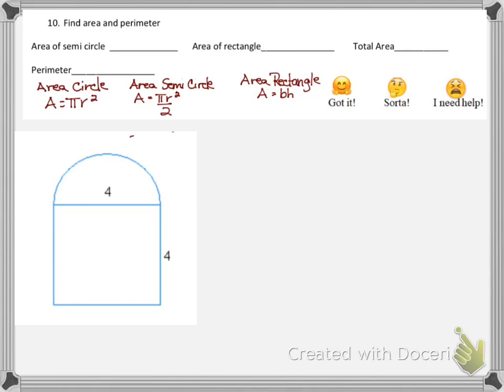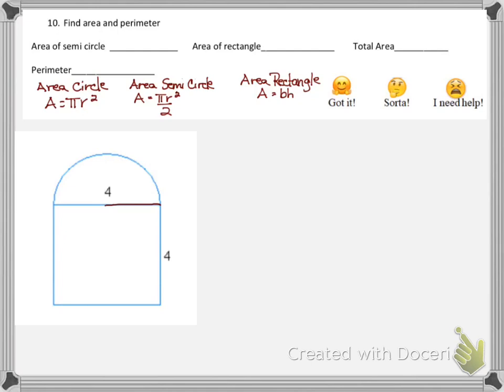We know that the area of the whole circle is pi r squared, but now we just need to divide it by 2. And if we were to look at this semicircle, we've got to be able to find out the radius. And the rule is that in order to figure out the length of the radius, it's going to be half the diameter. We are given that the diameter is 4.